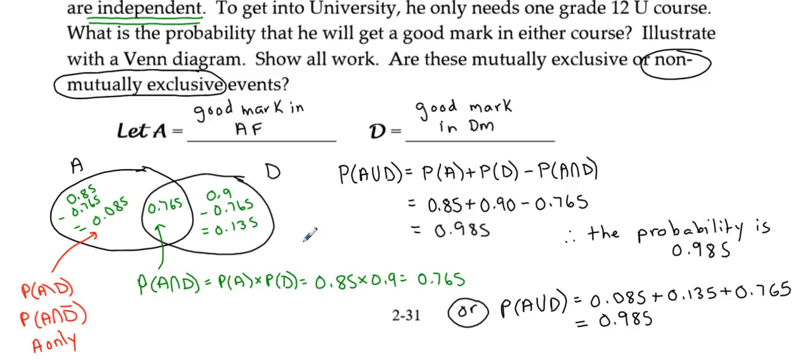Similarly, this label here, you could write that 0.135 is the probability of D but not A. Or you can write it as the probability of D and not A, and that means D only.